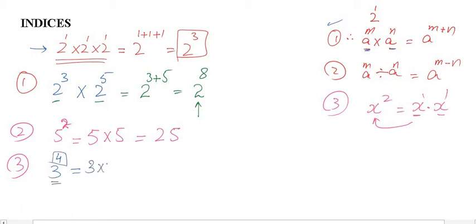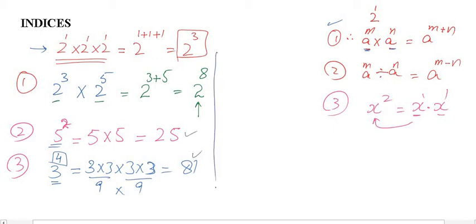So 3 times 3 times 3 times 3. 3 times 3 gives 9, and 3 times 3 gives 9, and 9 times 9 gives 81. So this is your answer. You are given an index form and you convert it into the value.